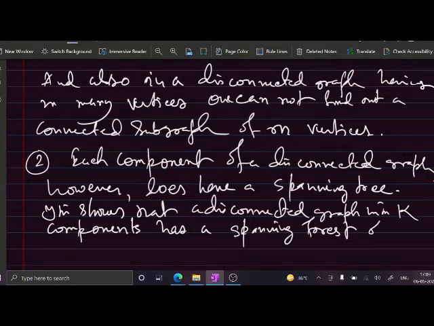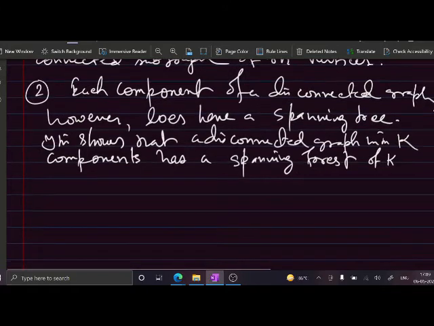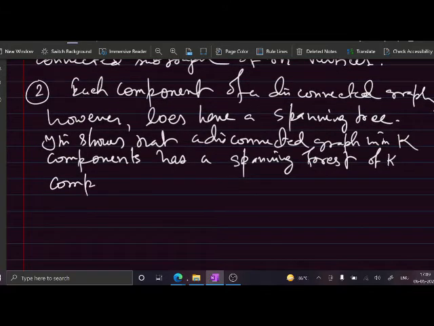A forest of k components, because in each component you will find a spanning tree, so therefore you have a collection of trees, so therefore it is a forest.